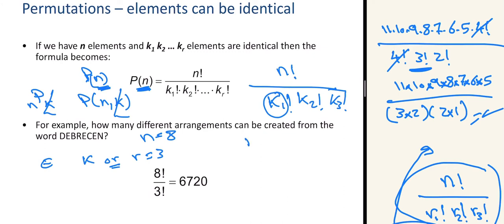So it will be N factorial divided by R factorial, which will be 8 factorial divided by 3 factorial. So the number of ways will be 6,720. This is simpler than the word Mississippi, which we took in the previous example, because we have a lot of repetition there.